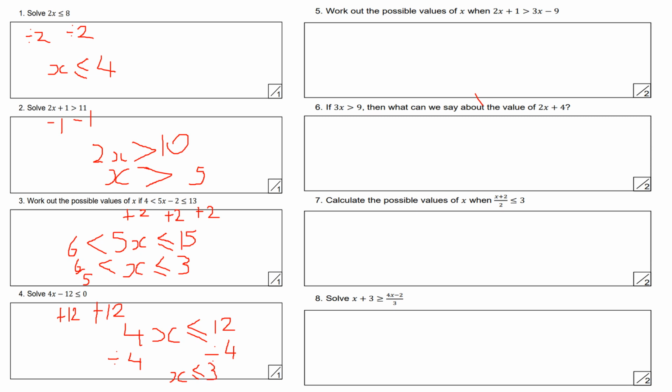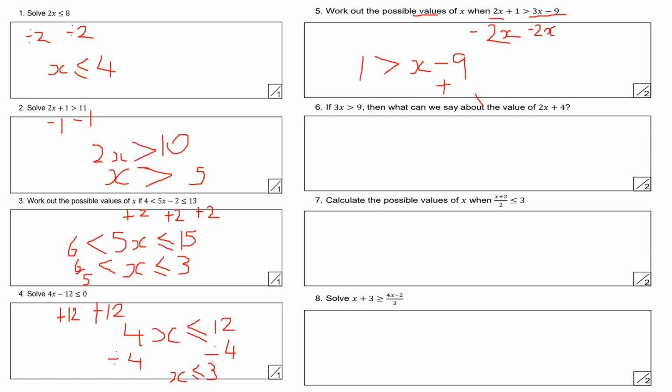Question number 5, work out the possible values of x when 2x plus 1 is greater than 3x minus 9. I'm going to subtract 2x on both sides to balance the inequality. I've got 1 is greater than x minus 9, so being very careful here: 3x take away 2x is just x, and 2x minus 2x goes to 0.